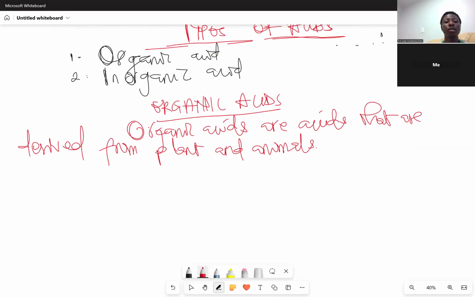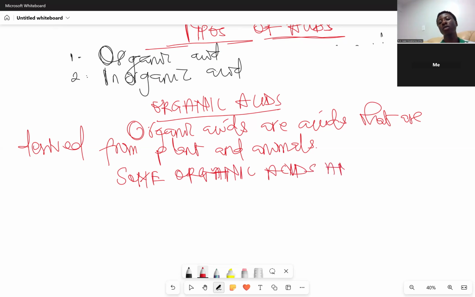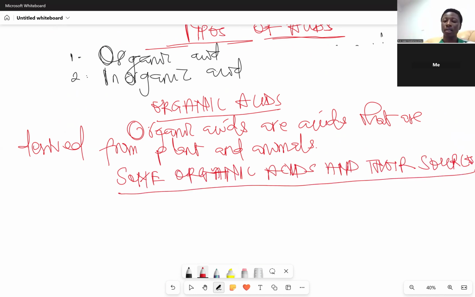So write a subheading: some organic acids and their sources. I want you to know precise places we can get organic acids. When we are done with this, then we talk about inorganic acids.